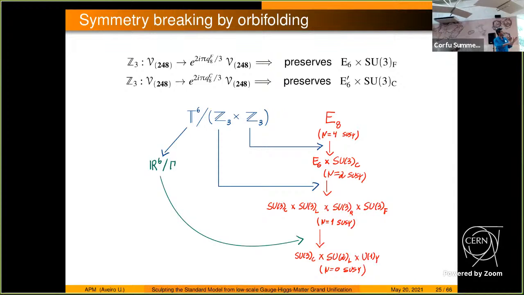So this is associated with translations in space-time. Let's say it imposes certain boundary conditions in the translational group, and you get to reduce the rank and go down to the standard model if you properly align the Wilson lines to preserve the standard model. And you also get rid of any supersymmetry by this, as I will show.